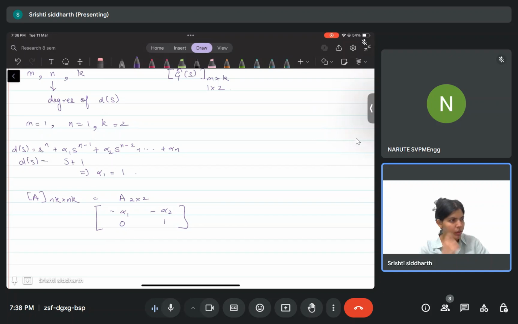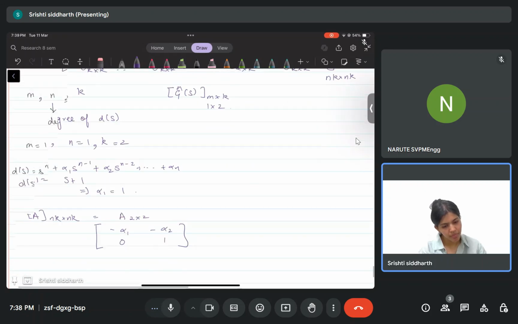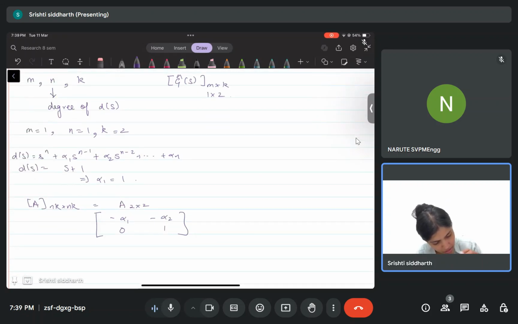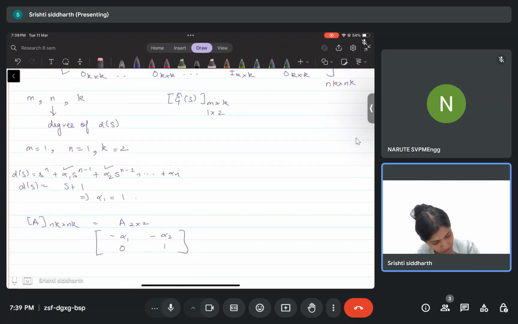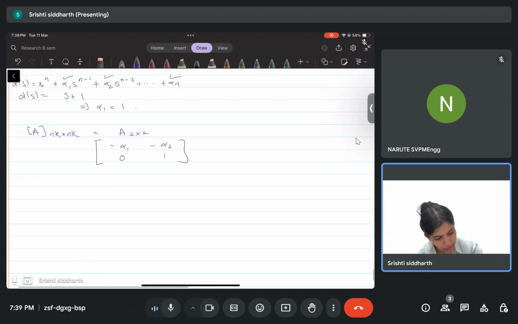Now we have to find out what alpha 1 and alpha 2 are. The matrices are not always directly related to these coefficients, so you have to actually figure out what alpha 1 and alpha 2 are.